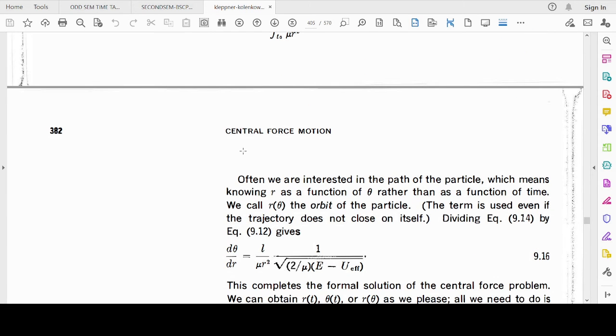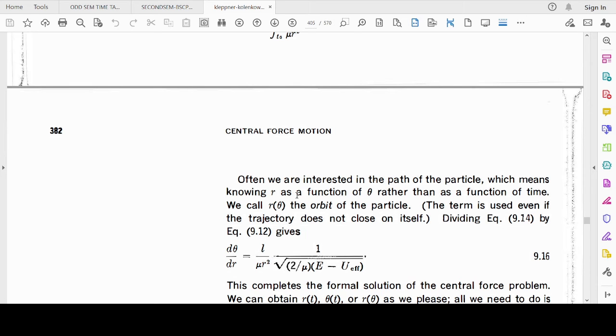Suppose I am interested in d theta by dr, that is the path of the particle, the orbit, that is r as a function of theta rather than as a function of time. The orbit of the particle is nothing but the radius as a function of theta.